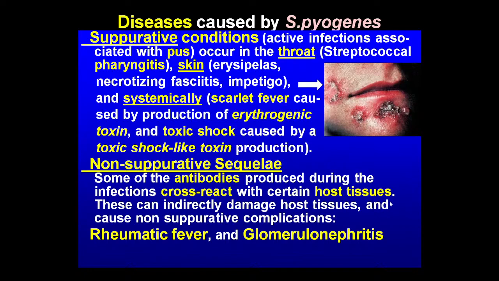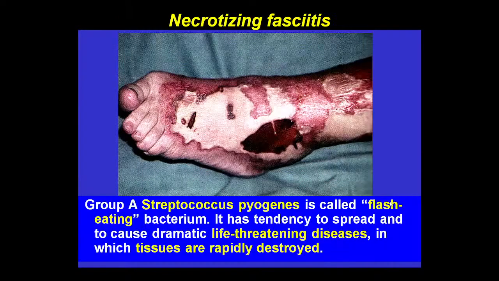So if these antibodies, due to circulation, bind with these heart valve tissues, then the systemic inflammatory response caused by macrophages and the complement system may damage the cells of the heart, the cells of these tissues. And may cause very severe non-suppurative complications like rheumatic fever or glomerulonephritis.